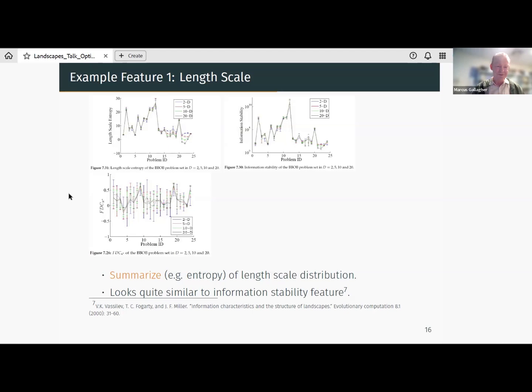Whereas fitness distance correlation on the bottom is clearly giving us highly variable estimates, and a lot of the functions have pretty similar values. So maybe it's of limited use compared to the features on top, we could say.